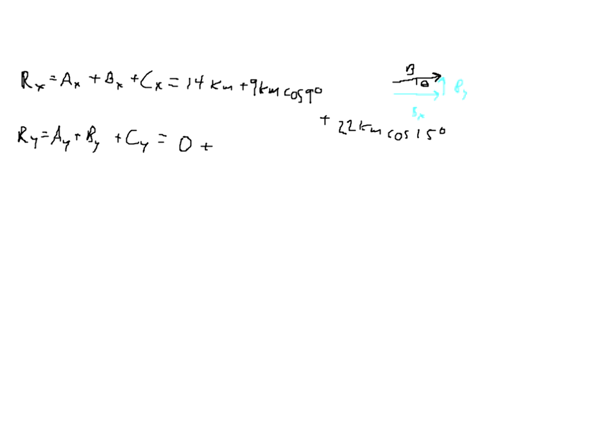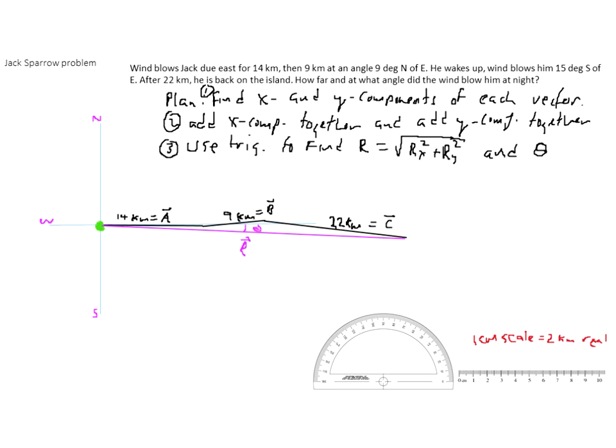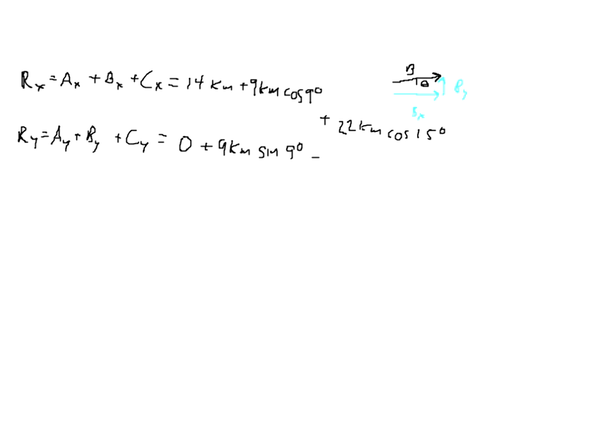So we've got plus 9 kilometers sine of 9 degrees. And notice the 14, I'm sorry, the 22 kilometers, that actually points downward. So for that component, we're actually going to subtract off 22 kilometers times the sine of 15 degrees.